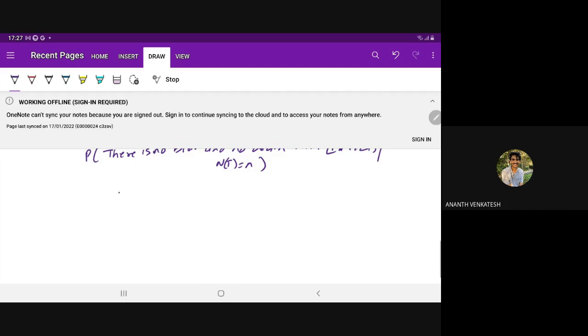So this will become 1 minus lambda n plus mu n, the rate, into delta t plus higher order of the delta t.